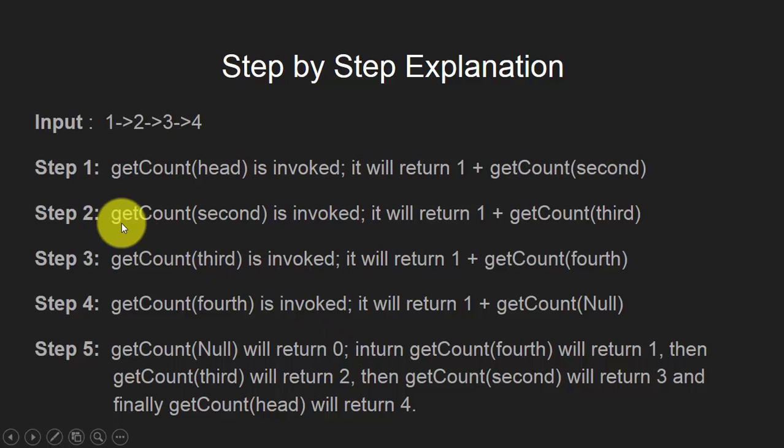Again, the function getCount with the second node as argument will return 1 plus the value returned by the function getCount when the argument is the third node. So the function getCount second node will return a value 3. And finally, the function getCount head will return the value 4, which is the length of the linked list.